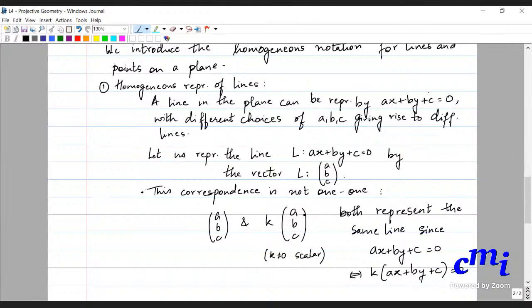So this representation is not a 1-1 representation.